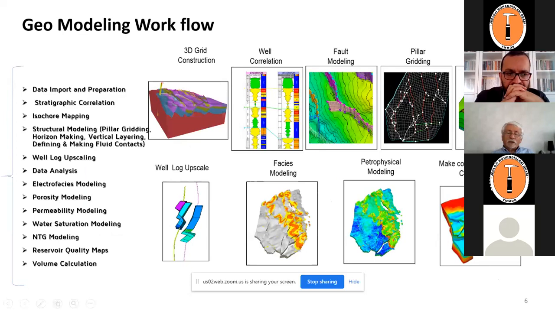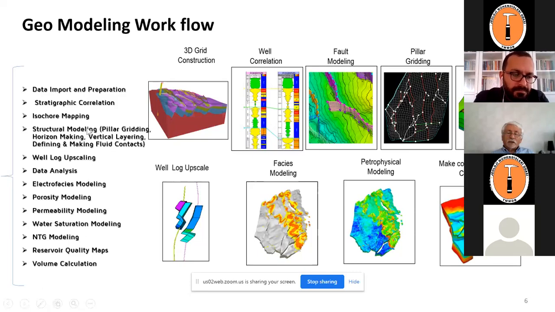Usually, any static modeling can include some parts such as data preparation and importing to software, and stratigraphic correlation. Stratigraphic correlation means we need to correlate any formations or zones from a geological point of view, using the petrophysical data in order to make sure all of it is correct.